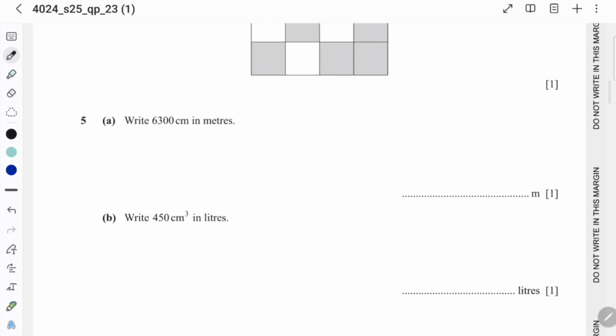Question number 5. They're asking that 6300 centimeters we'll have to convert into meters. So 1 meter is 100 centimeters.